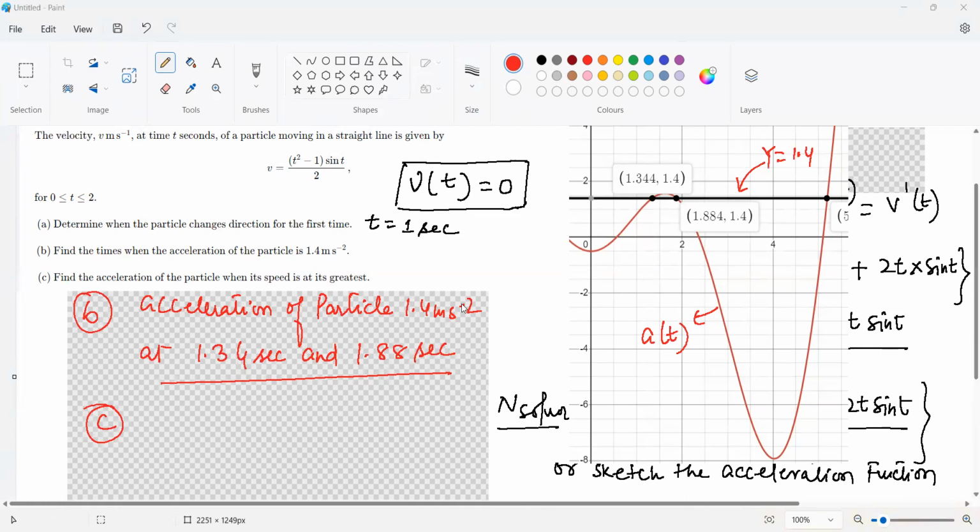Next question. Find the acceleration of the particle when its speed is at greatest.